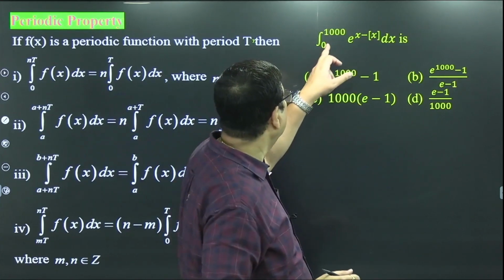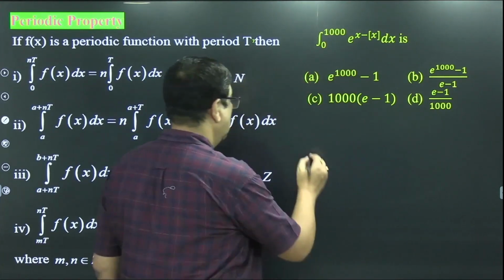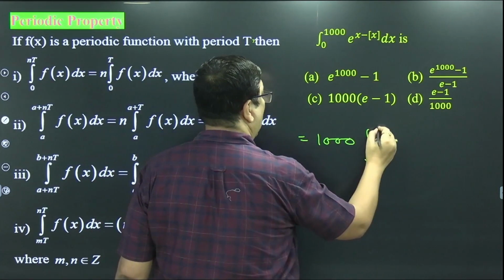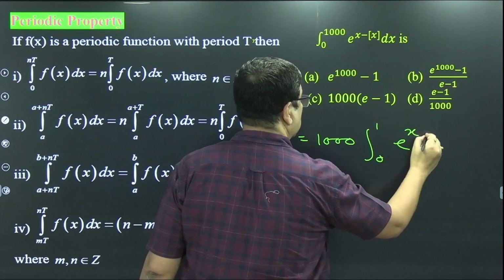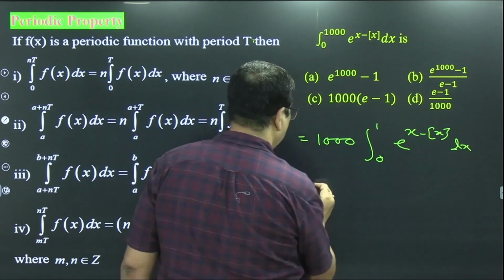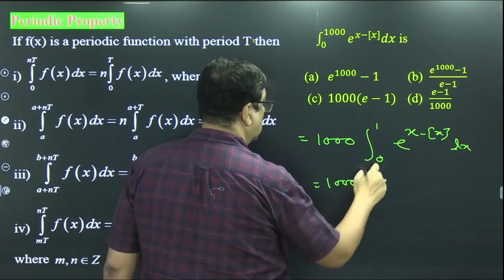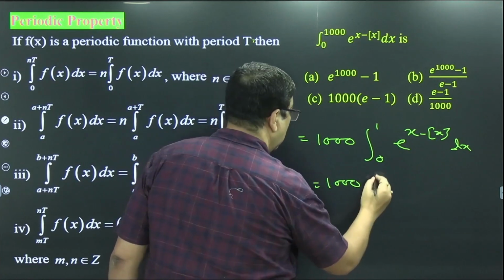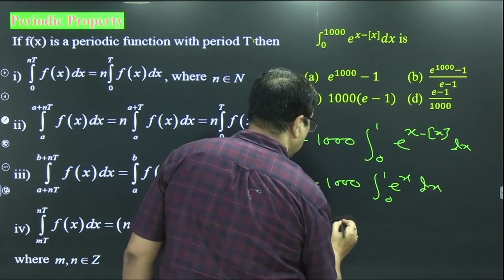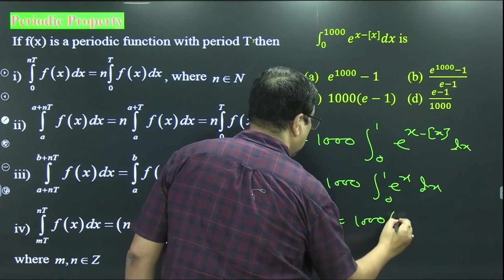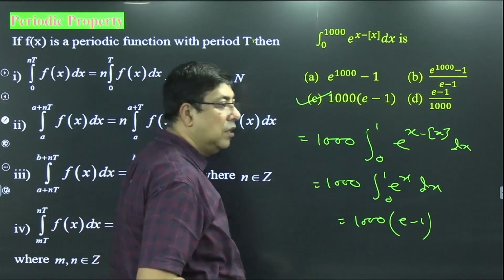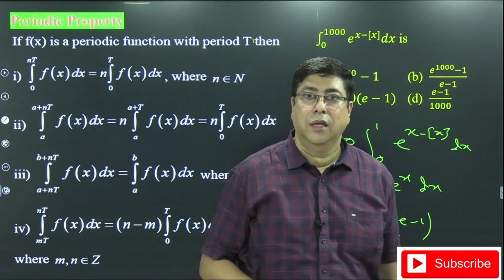So from 0 to nT, 0 to 1000 into 1, I am taking 1000 times the integral from 0 to 1 of e to the power (x minus floor x), which is fractional x. Between 0 and 1, floor x is 0, so it is e to the power x, so 1000 (e minus 1). This is the final answer. 1000 (e minus 1) is the answer here.